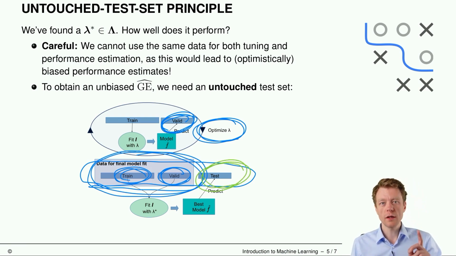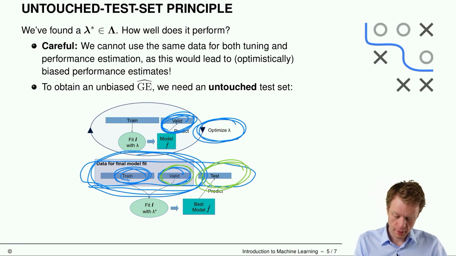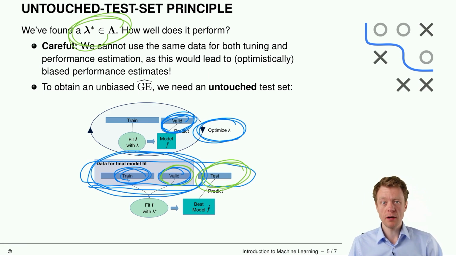So we only do this once after having tuned the hyperparameters. So for tuning the hyperparameters, we can look at this validation data set as often as we want, more or less, but then we are only allowed to look at the test data set once after tuning and only with this best hyperparameter combination.